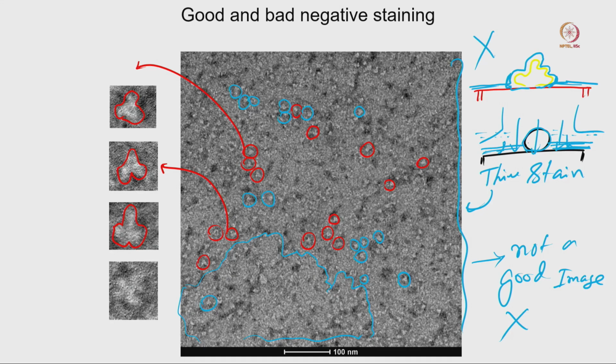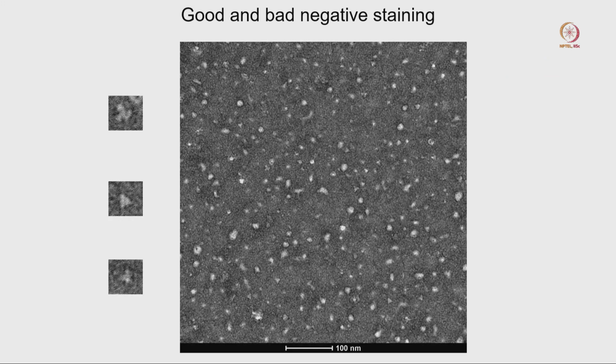Okay, so this one is the thin staining TEM image. Now we will go to the thick stain region. Here I am showing you the same sample again, but from a different area, where you can see the background is really... If I consider the slightly lighter color, you can see these are the background, right?